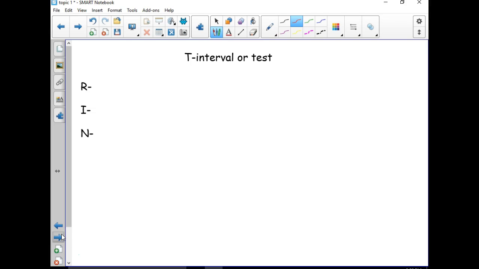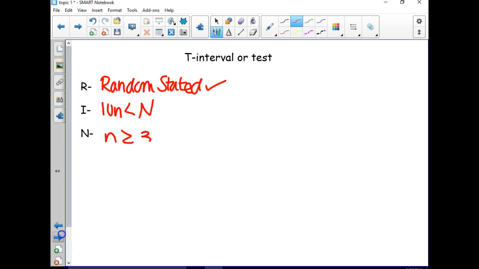The t interval or t-test, okay? RIN, so R is still random. I is still the 10N rule, and this time, for the N, if it's not, what do you have to do?